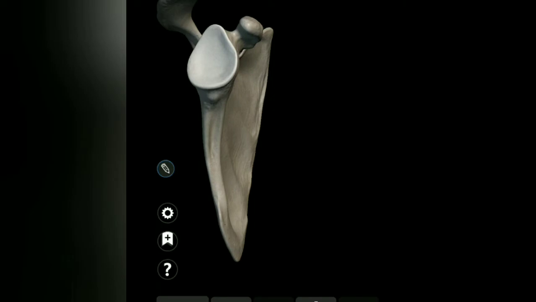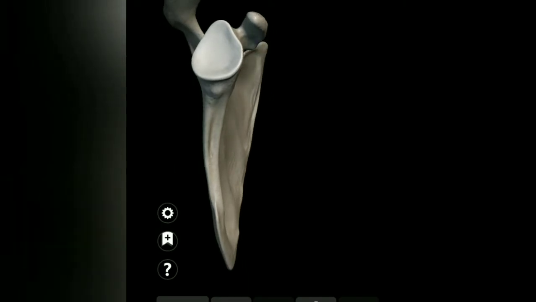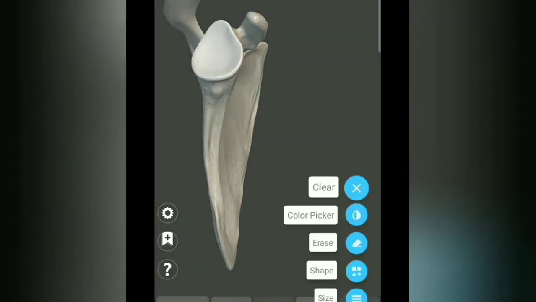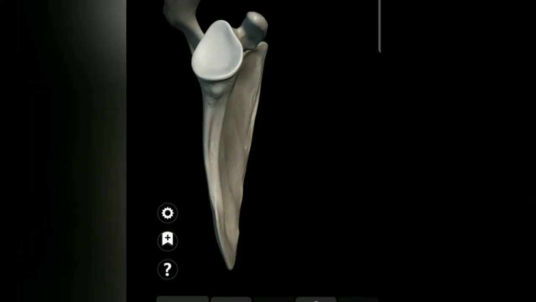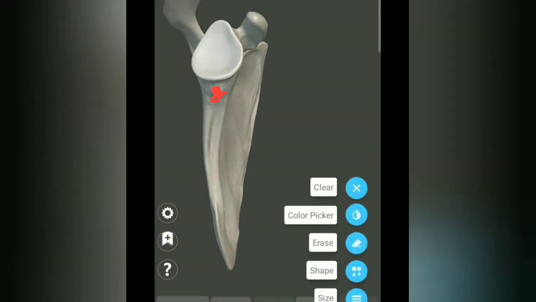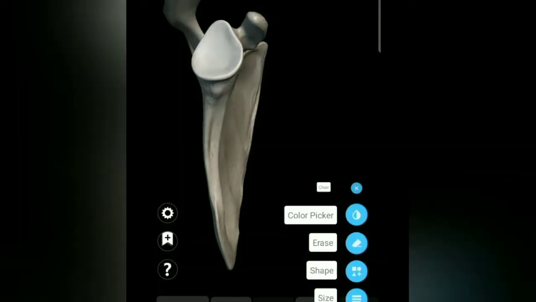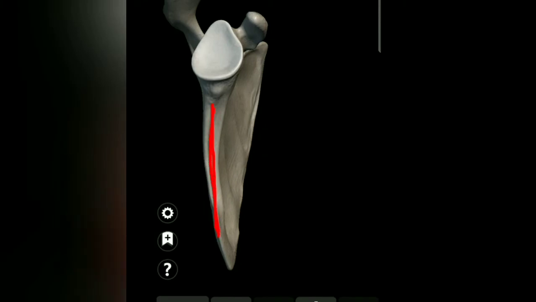See, this one is the lateral border, and here there is the infraglenoid tubercle. This one is the lateral border, which is the thickest of all the borders, that are the superior border, medial border, and the inferior border.